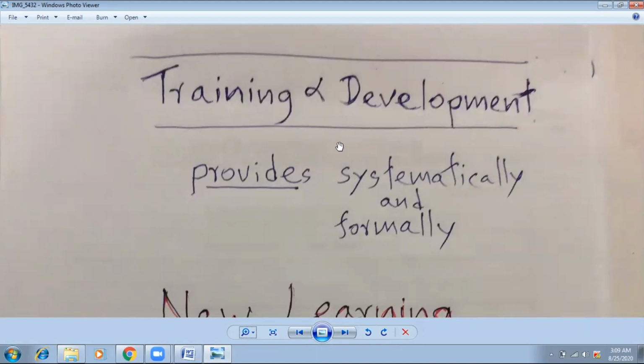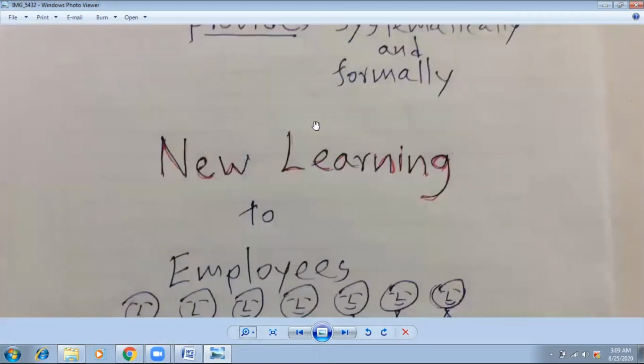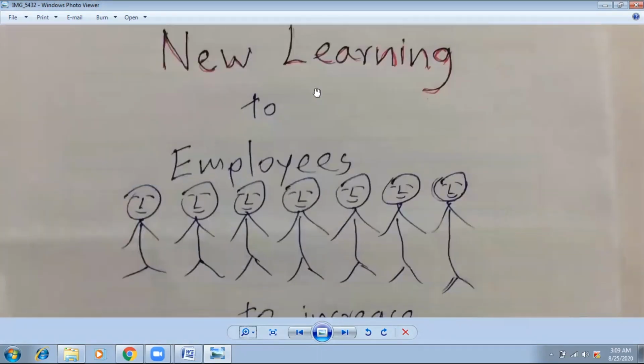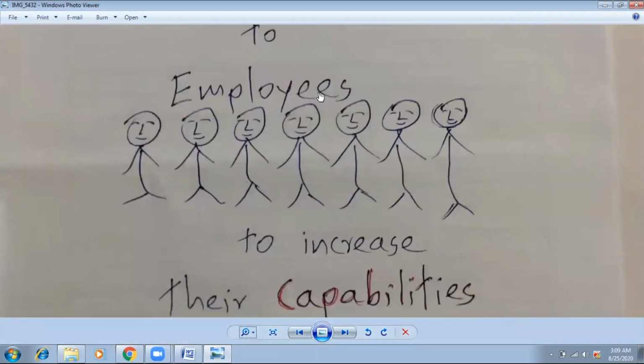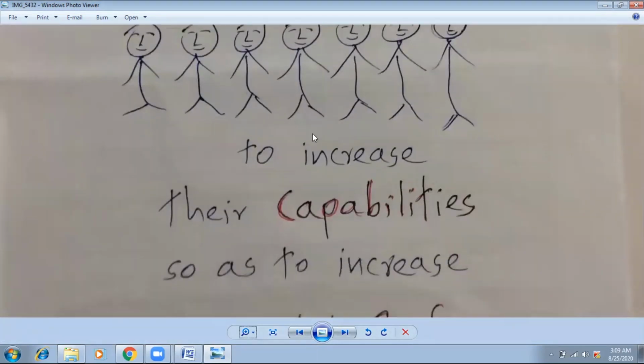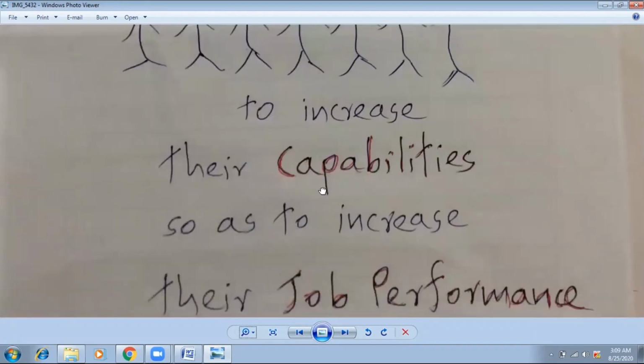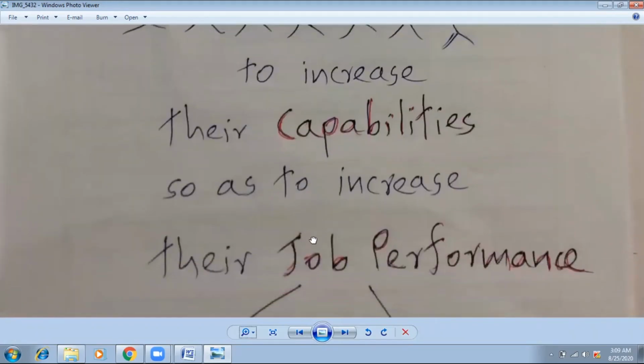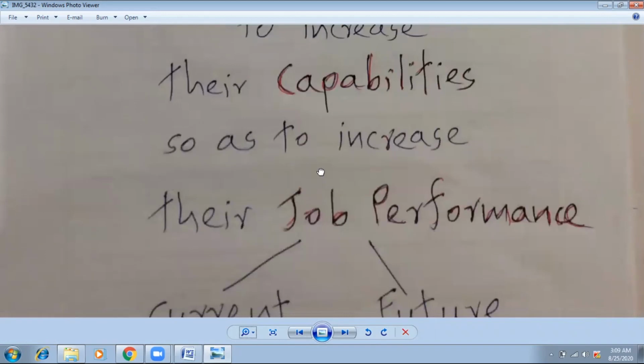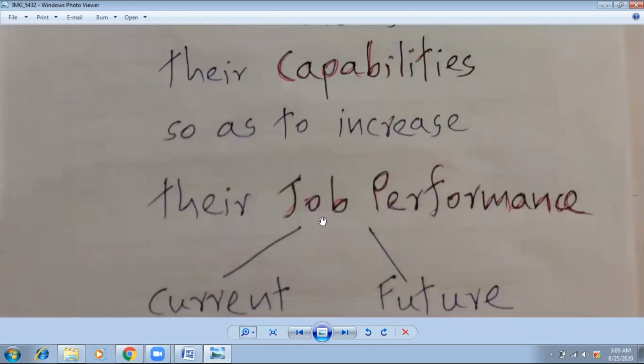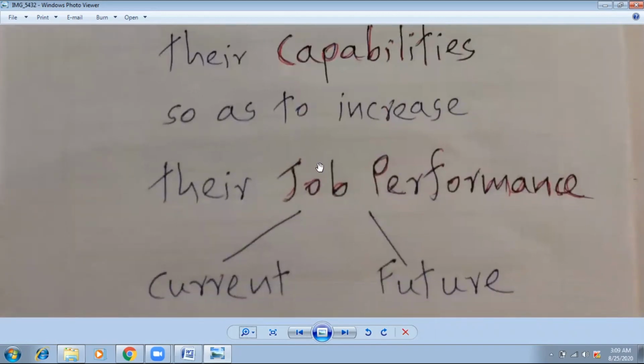Training and development provides systematically and formally new learning to employees to increase their capabilities, their abilities, so as to increase their job performance, of course, which is current job performance and also future job performance.